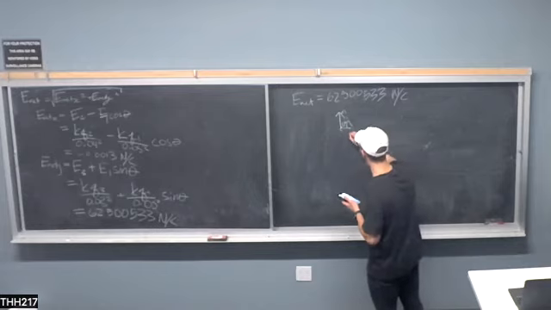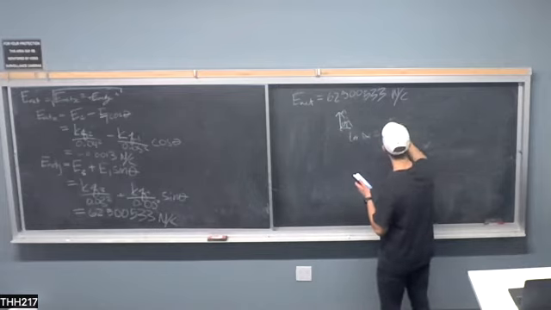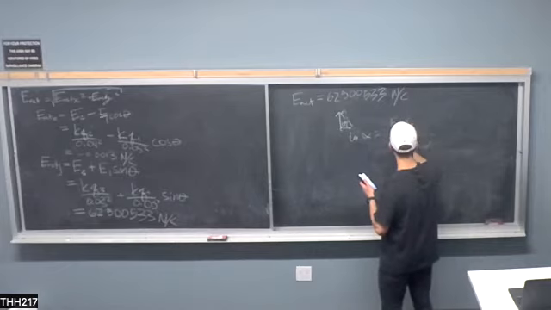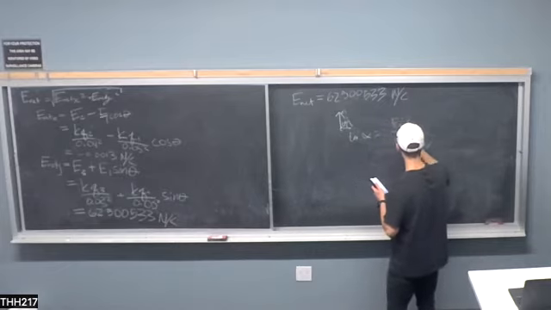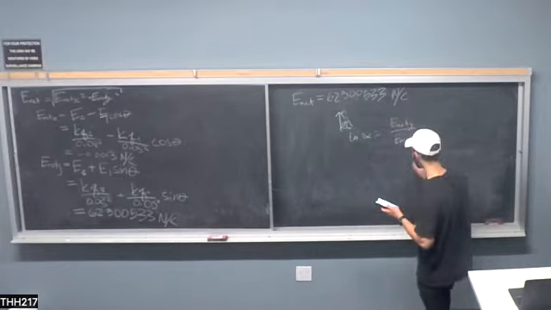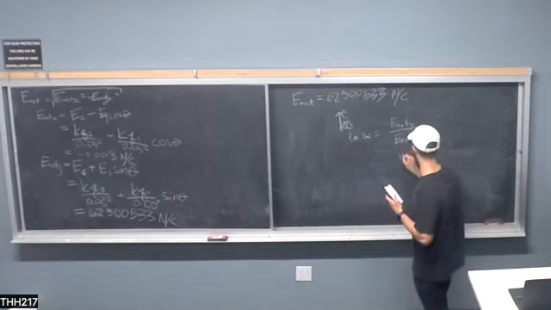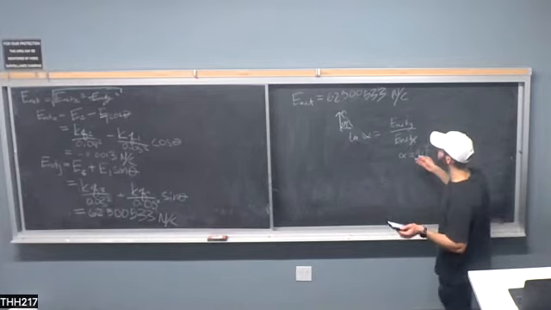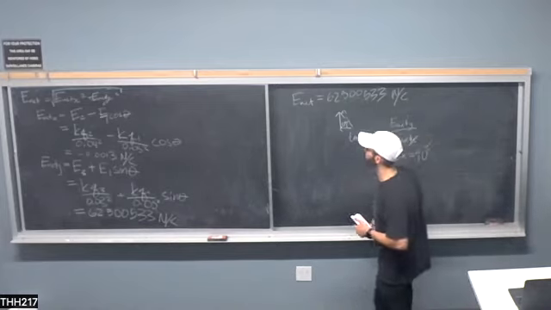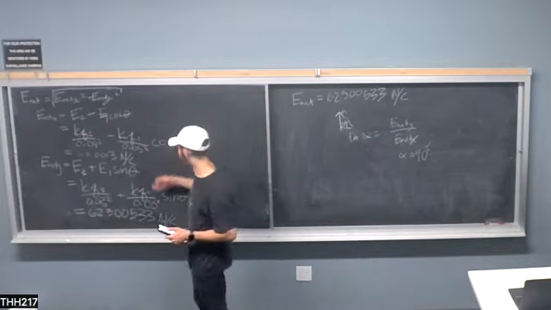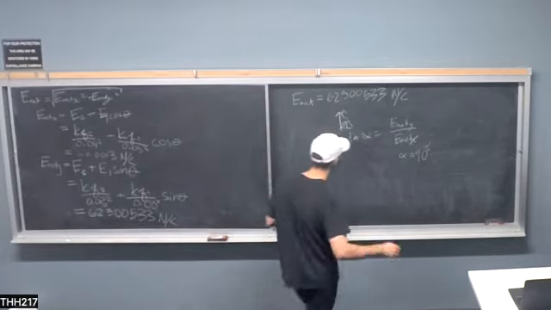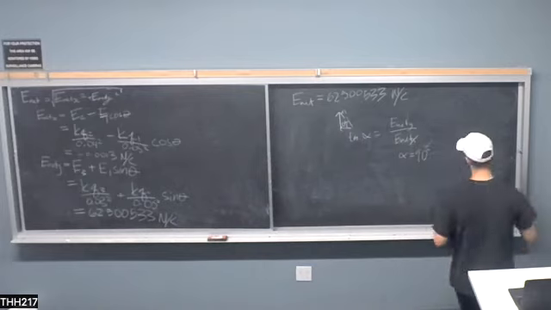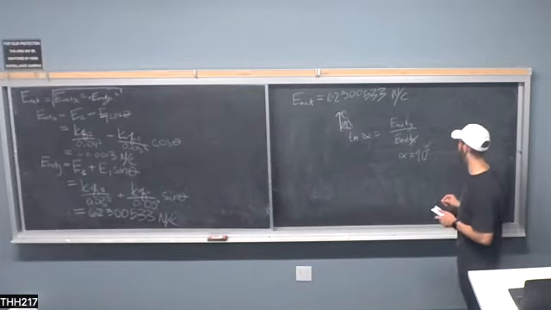Because we'll say tan alpha is equal to E net y over E net x. And so it's like 90 degrees above the minus x axis, because it's super in the y direction. This value is so much smaller compared to this one. Anyway, you'd say it's 90 degrees over the minus x axis.